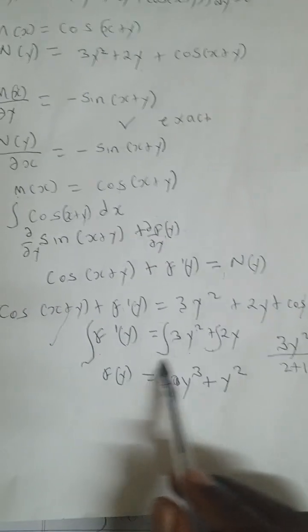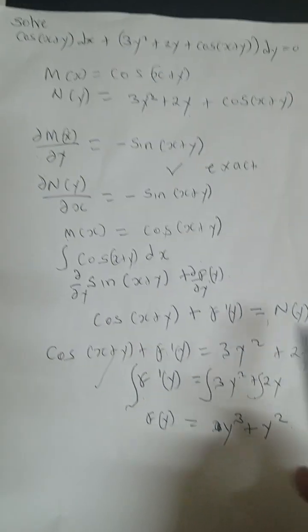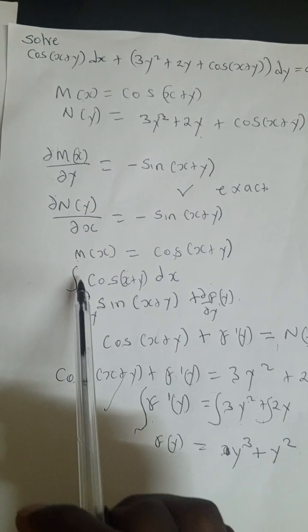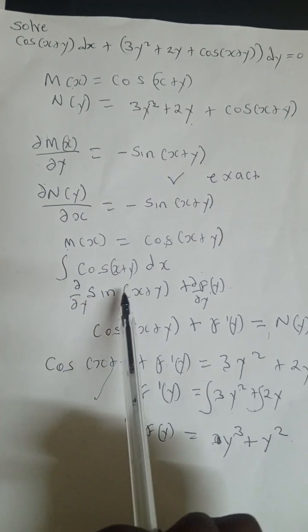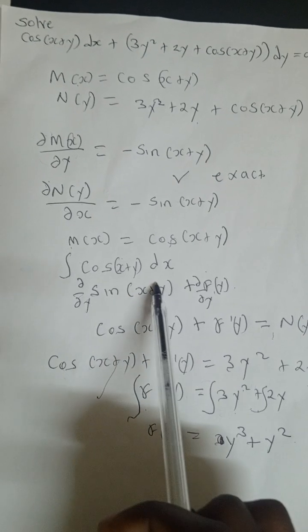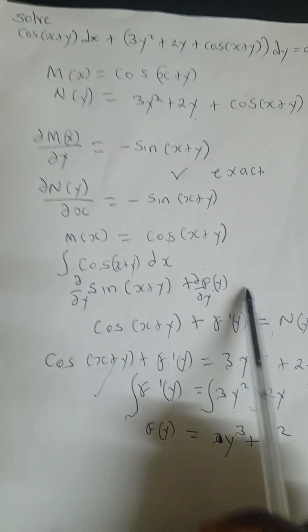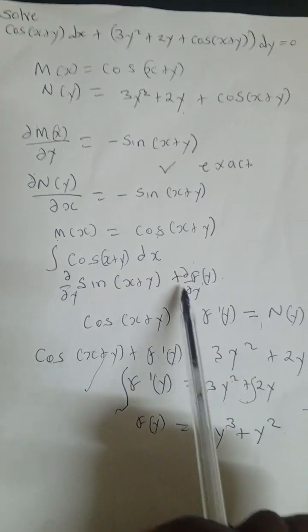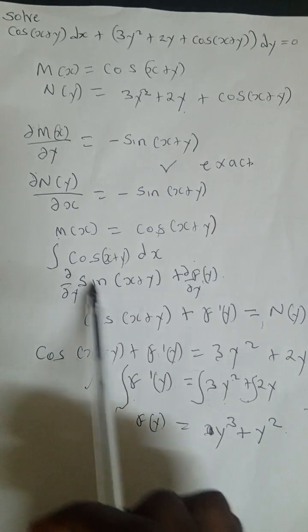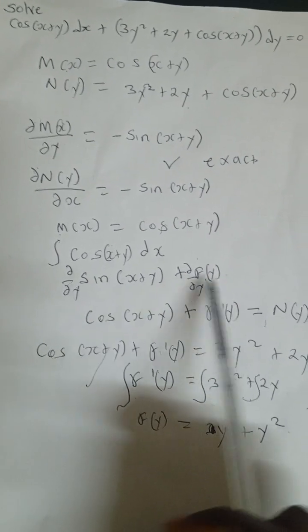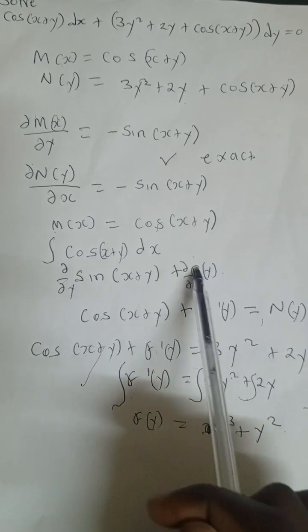Now, since we have found f(y), we are going to go back to our first step. When we integrated this function, we got sin(x + y) plus f(y). Then we partially differentiated it with respect to y. Now, why were we doing this? The reason is that we wanted to find f(y).